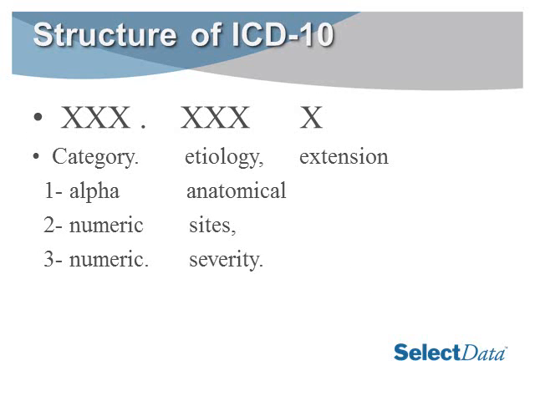Some of the reasons why the specificity for documentation is essential, you can see in the structure of ICD-10 that the category of the code will be identified first. The etiology, the anatomical sites, and the severity levels will be followed, and then the extensions, and we'll be talking more about each of those areas.